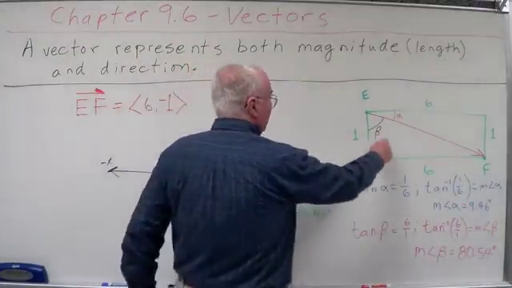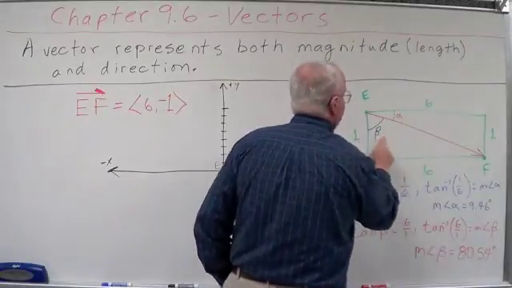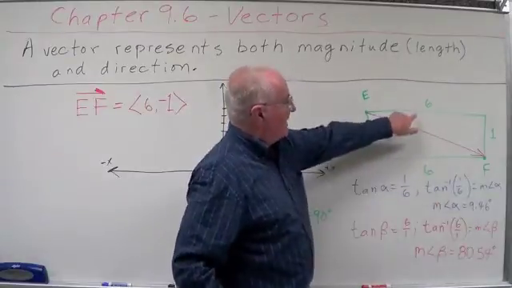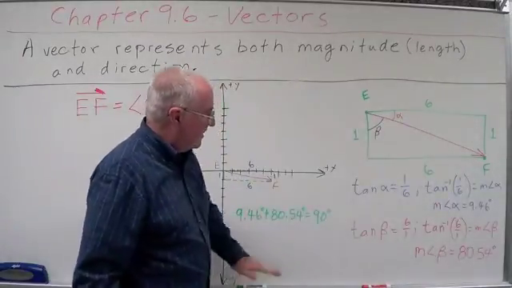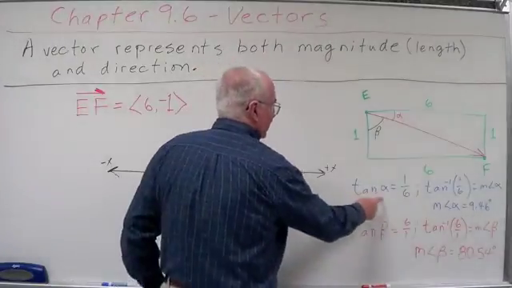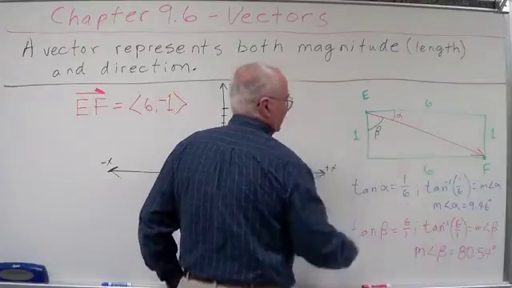Well, we've got an angle alpha if we're looking down this way, or we've got an angle beta. So if we're coming from the positive x-axis, we've got angle alpha. If we're coming from the negative y-axis over here, we've got angle beta. Well, we know that the tangent of alpha is equal to opposite over adjacent, or 1/6.